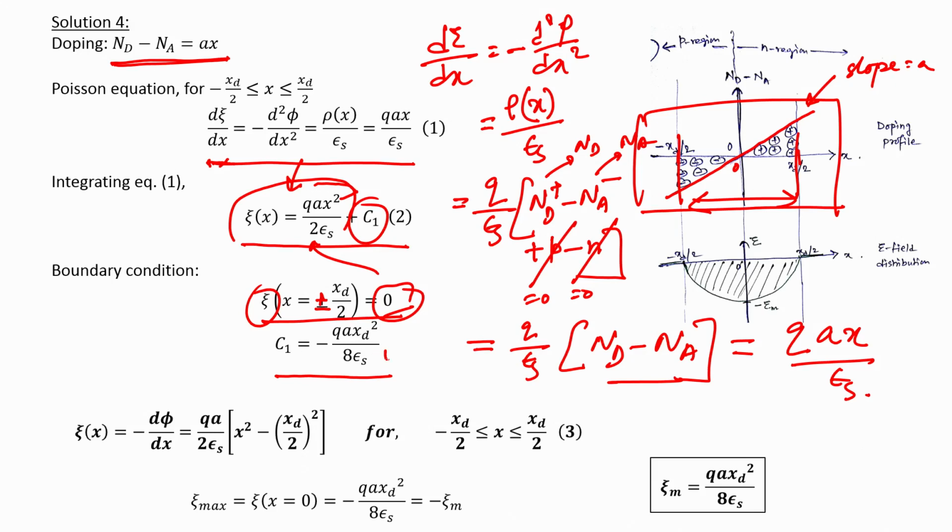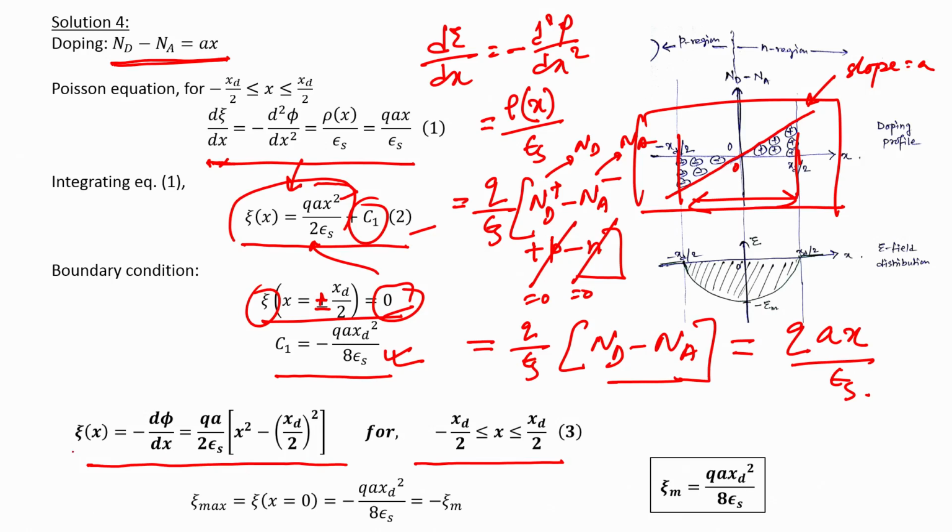Now you plug this expression of C1 into equation 2, and you will find the total electric field expression, that is equal to minus d phi/dx equal to this expression. This is the electric field inside the region minus xd by 2 to xd by 2. Beyond that the electric field will become 0.